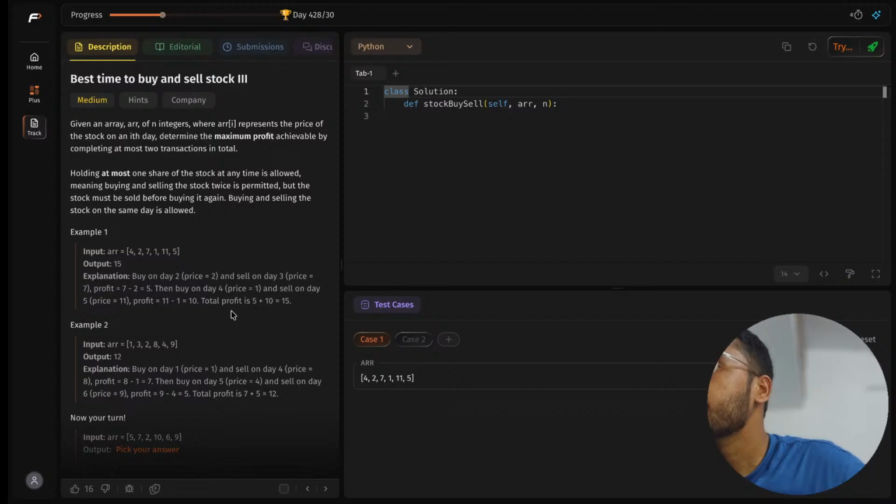Given an array of integers where array of I represents the price of the stock on the ith day, determine the maximum profit achievable by completing at most two transactions in total.